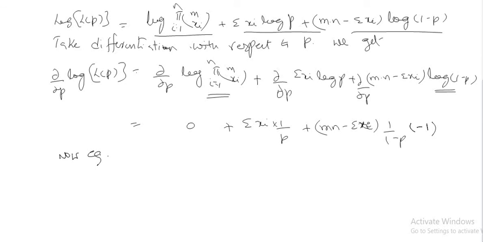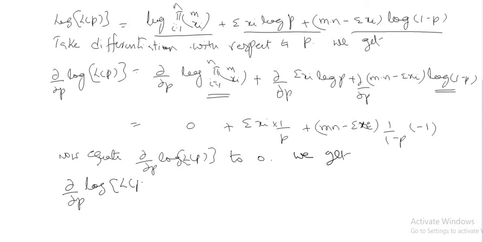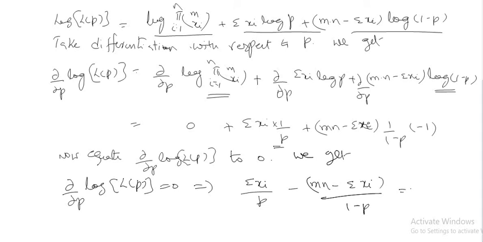Now equate dou by dou p of log of L of p to 0. That means equating to 0, we get summation xi by p plus, and with the minus 1, we get minus of mn minus summation xi by 1 minus p, equals 0.